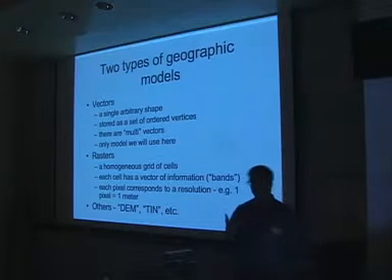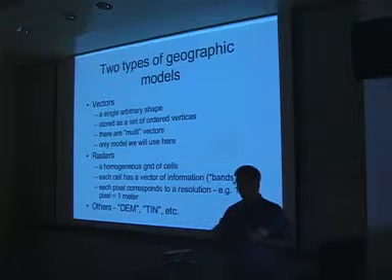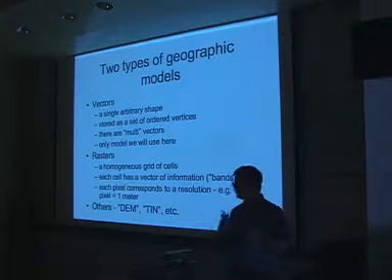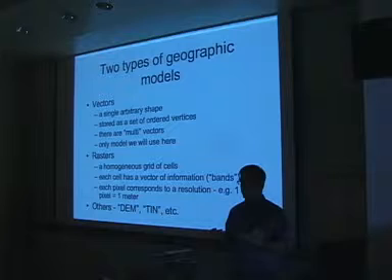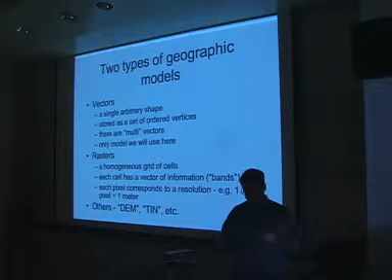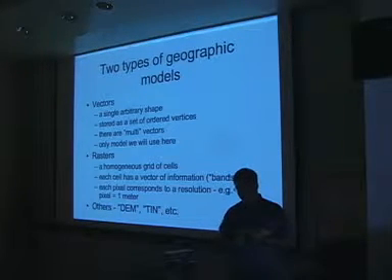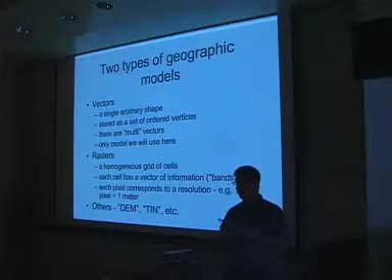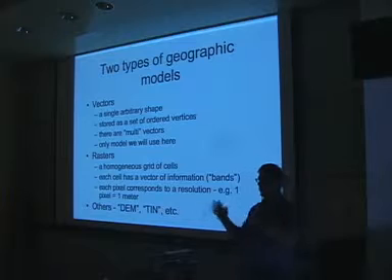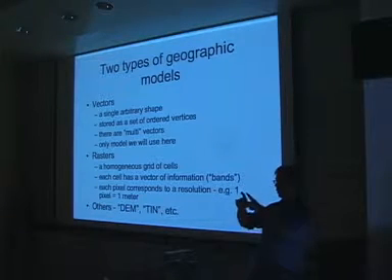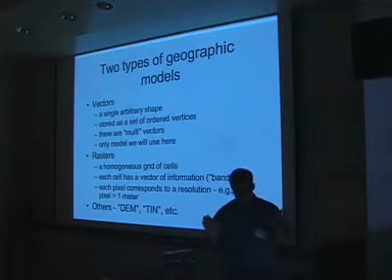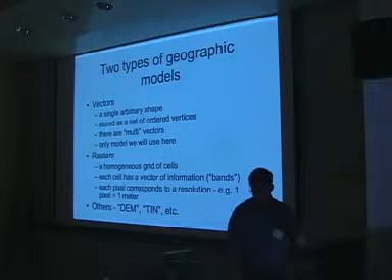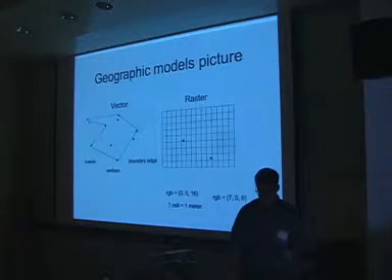These are hugely important. And if you do the physical sciences, they're maybe dominating. If you do the social sciences like I do, vectors are probably more important. There are others, DEMs, which are digital elevation maps, TINs, which are triangulated irregular networks, which is basically modeling a topography using triangle vectors to do it. They're there, they're cool. That's all I'm going to say about them.